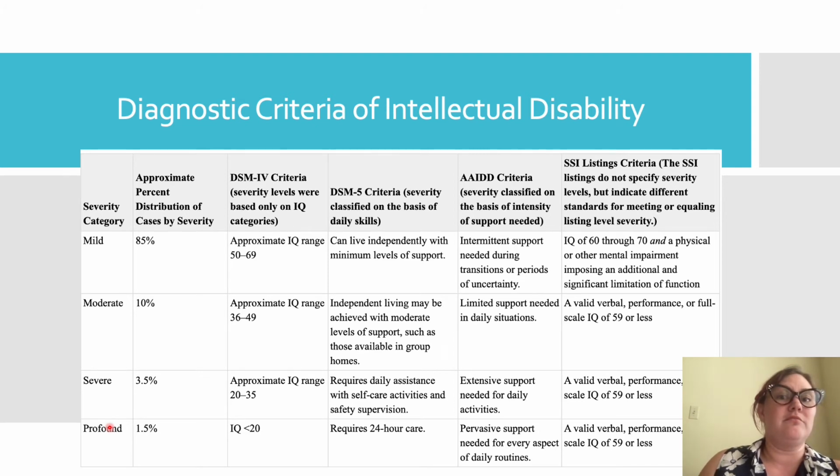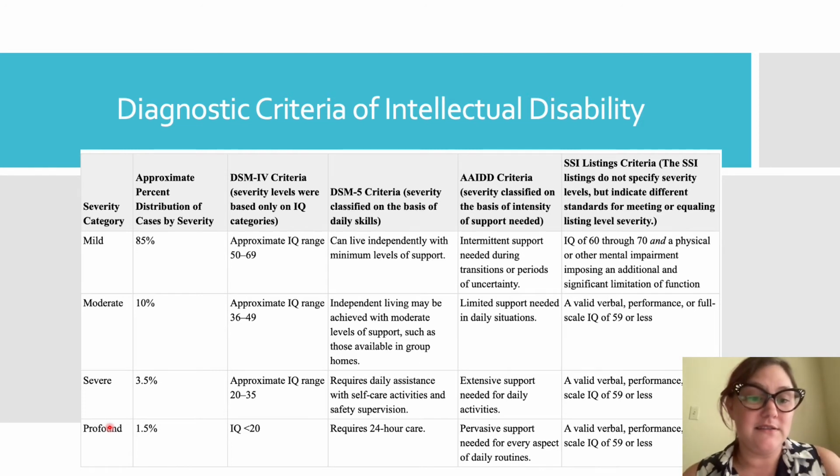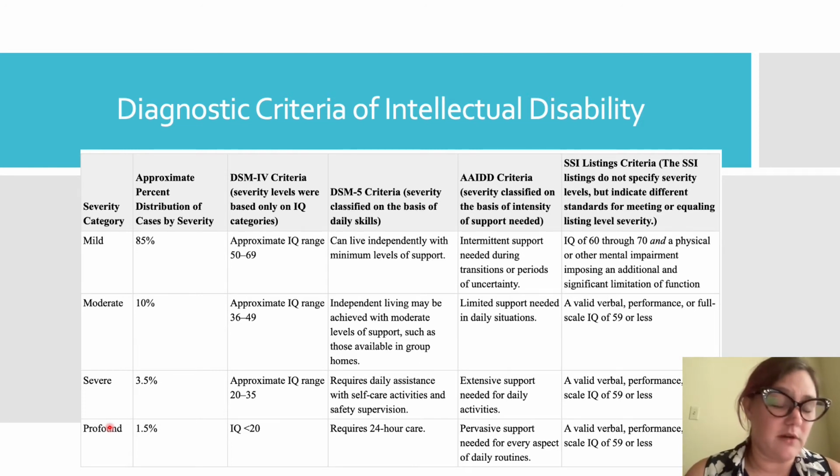Also, students who are not native English speakers also are often diagnosed with intellectual disability when in fact it's just a language issue that they have, and it doesn't have anything to do with their intellectual abilities. So the DSM-5, you'll see, really tried to move away from just looking at IQ tests because there's so many problems with IQ tests, and to look at what kind of supports a person needs.